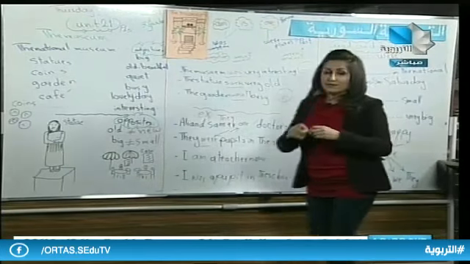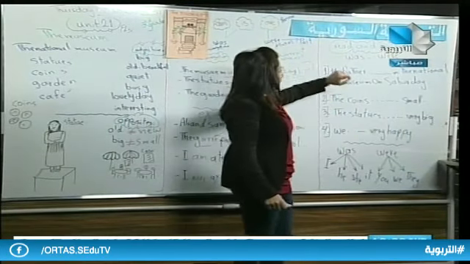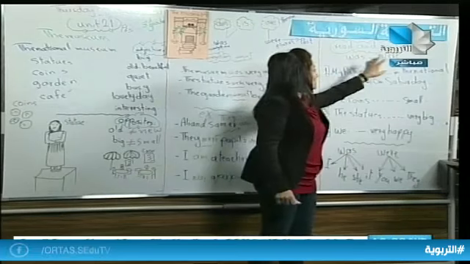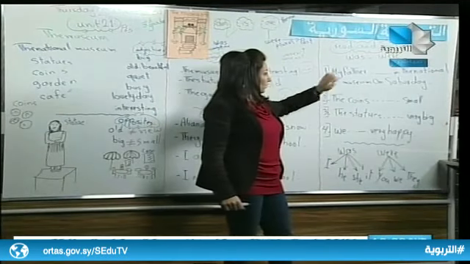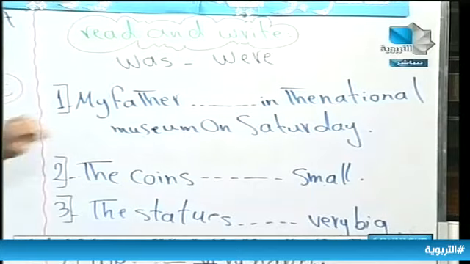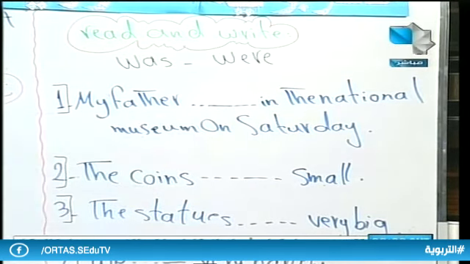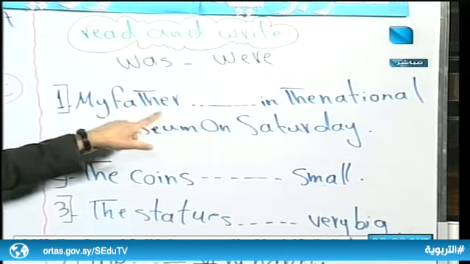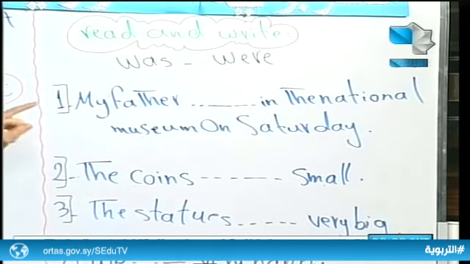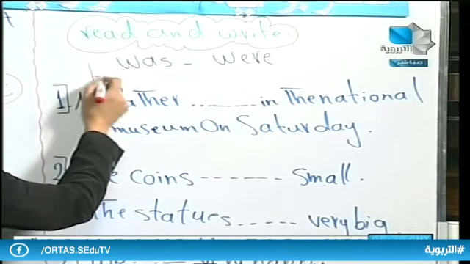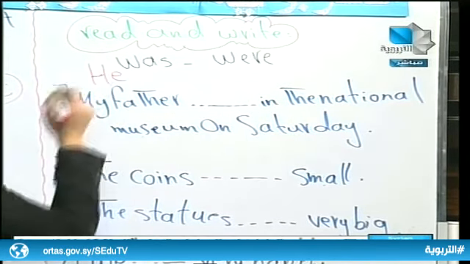I want you to answer this question with me, please. We can use read and write, was and were. Look carefully, please. My father in the National Museum on Saturday. When I say my father, it means one person, singular. So I can say he.